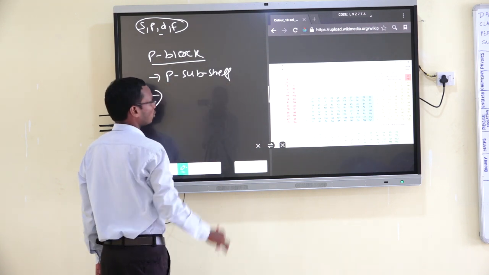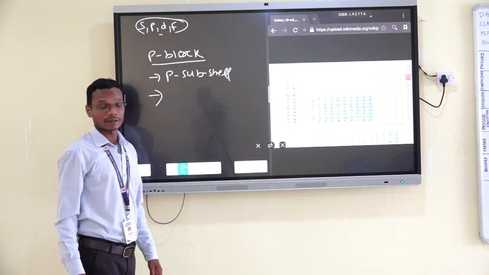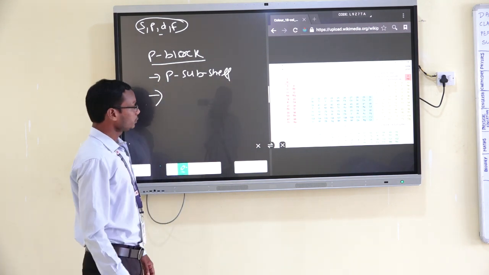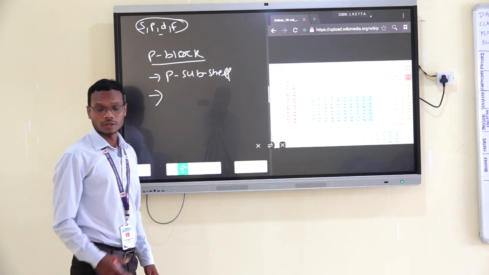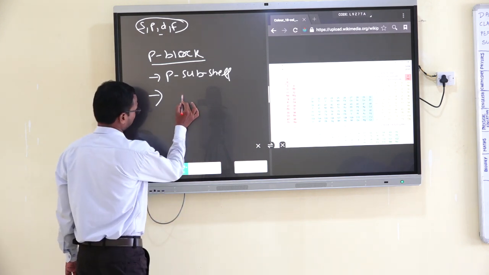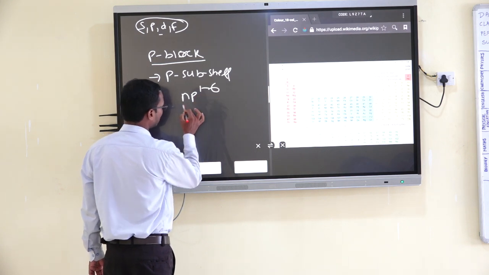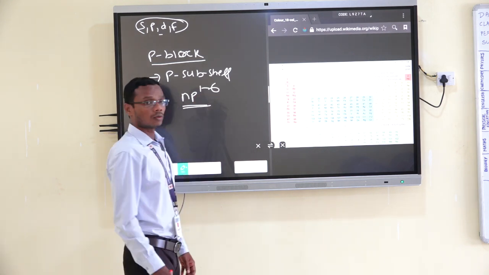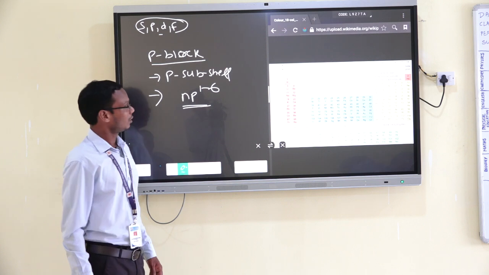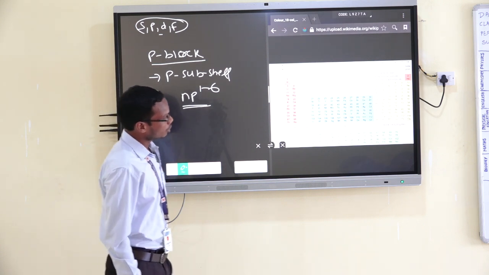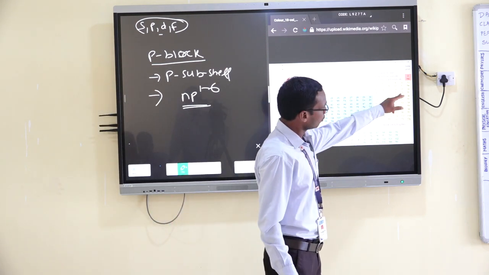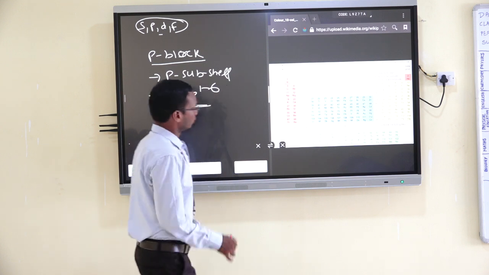The electronic configuration will obviously end in np1 to np6. Suppose we consider the electronic configuration of chlorine.